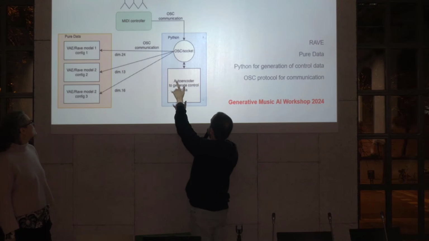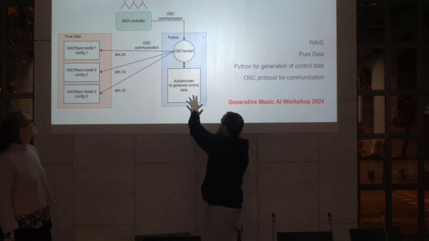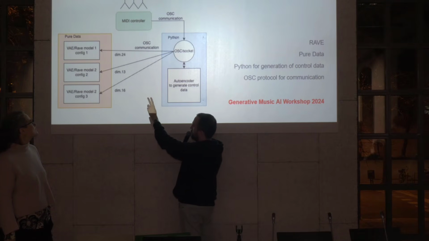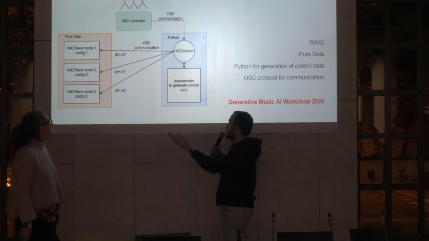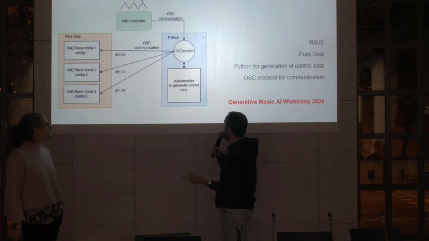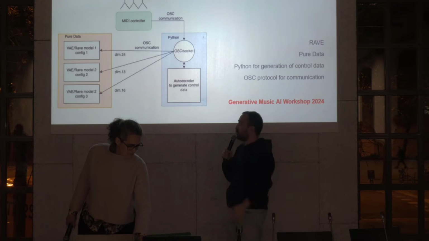And we have a MIDI controller communicating to Python, basically, that's accessing the latent space of autoencoders that we trained. Since those configurations are very complex with tons of parameters, it basically expands the parameters. And so, with very few knobs, we can control a lot of stuff in interesting ways, and much easier to improvise and perform.